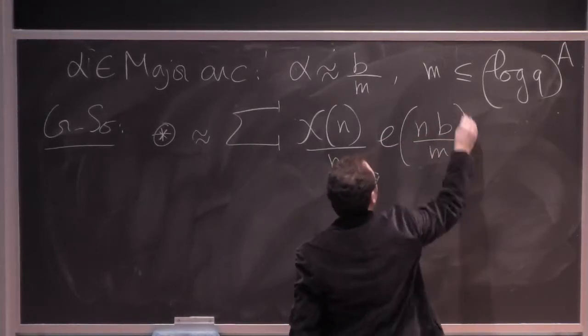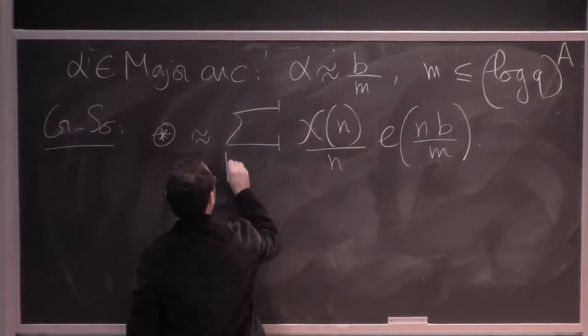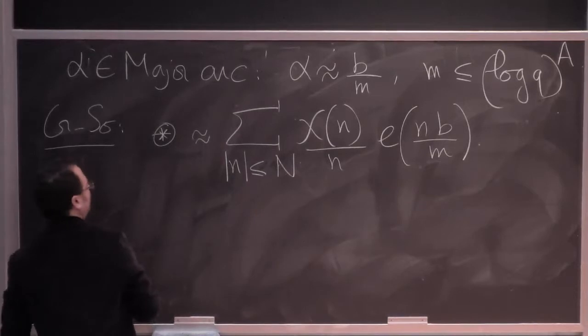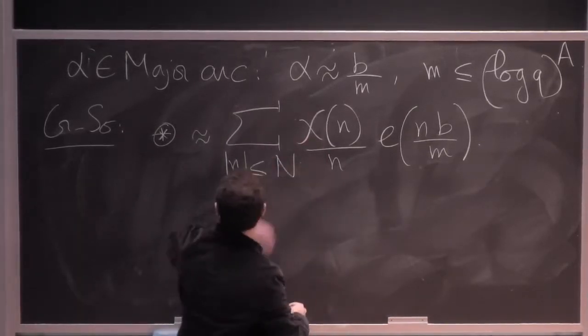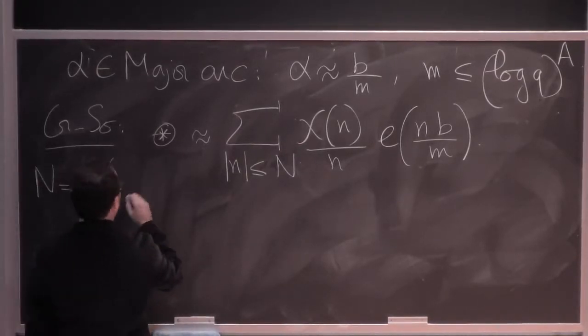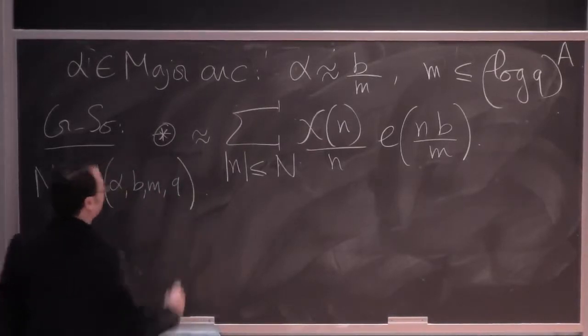But the problem here is that the length of the sum gets altered. So instead of n being up to q, n now is up to capital N, where capital N is something that depends on all these parameters, N of alpha, b, m, and q.